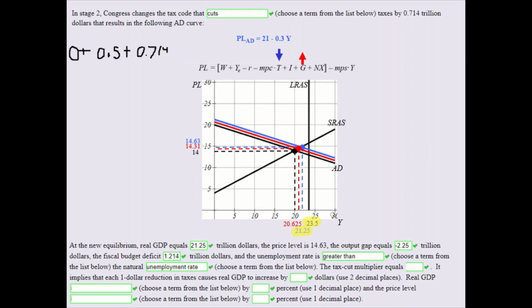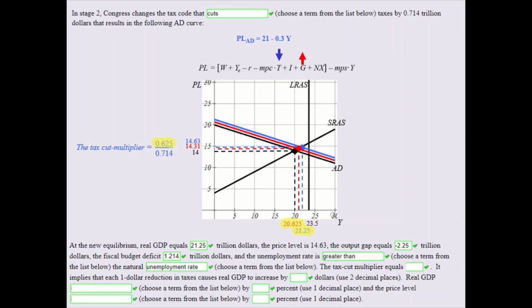The tax cut multiplier is, hang on a second. The increase in GDP after the increase in government spending was 20.625. We followed that up with a cut in taxes, and that pushed GDP up to 21.25. So you take the difference of these two and you get 0.625.